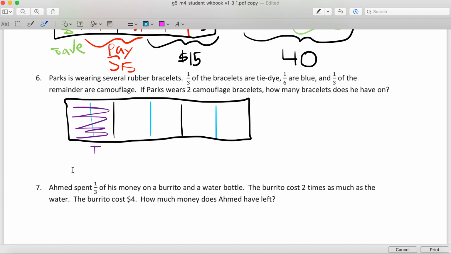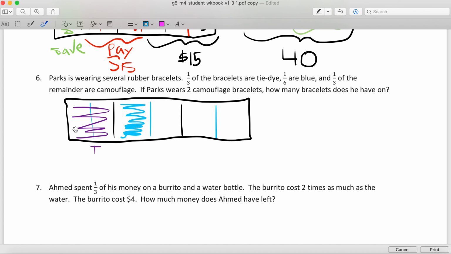What I should have done was just this, because that represents 1/6. It's where the blue line is here. This is one third. Remember the thirds were in black. Then I divided each part in half so that we could get sixths. 1, 2, 3, 4, 5, 6.